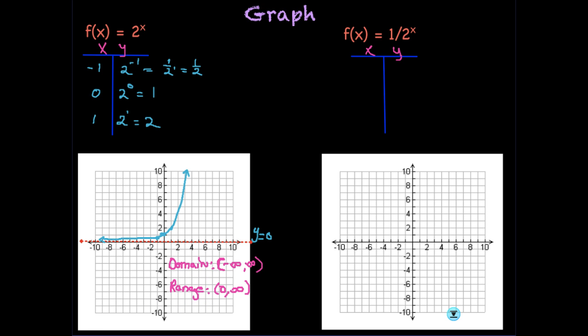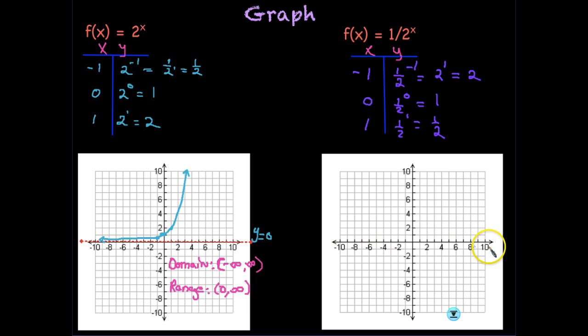Let's now try to graph this decay function. We're going to use our same key points, -1, 0, 1, and we're going to plug that in. So we have 1/2 to the -1. Again, we're going to a negative power, so we can flip our fraction and we get 2/1, or just 2, to the +1, which is just 2. 1/2 to the 0 is going to be 1, and 1/2 to the first power is just itself, 1/2.